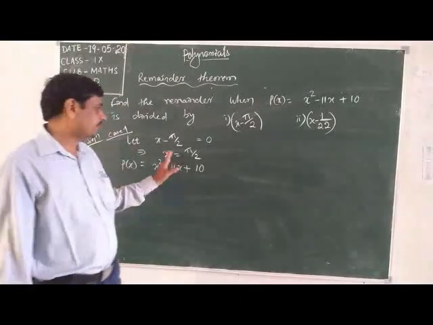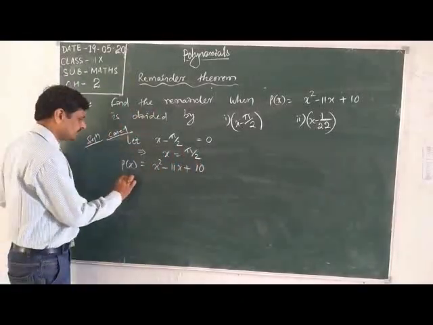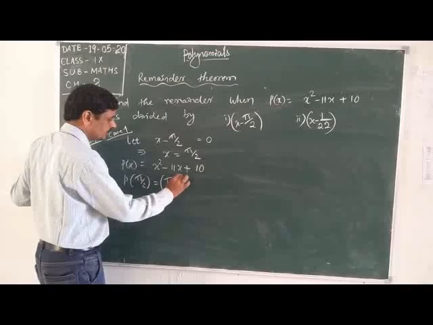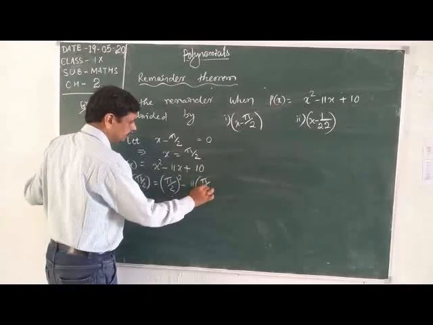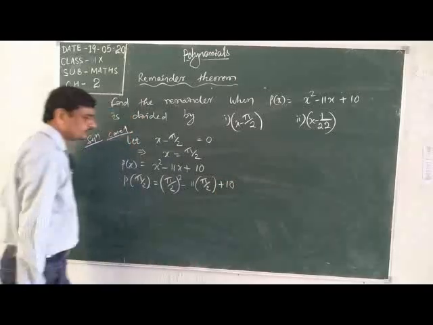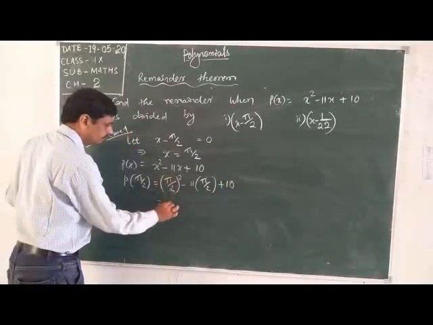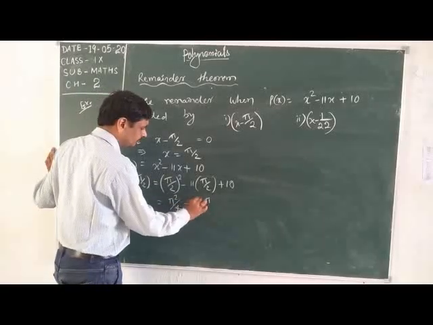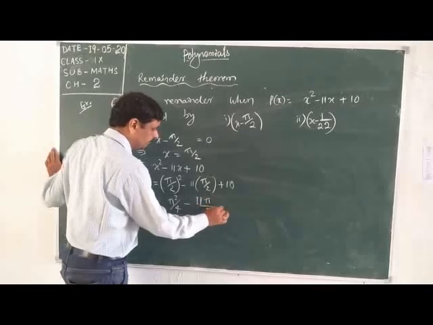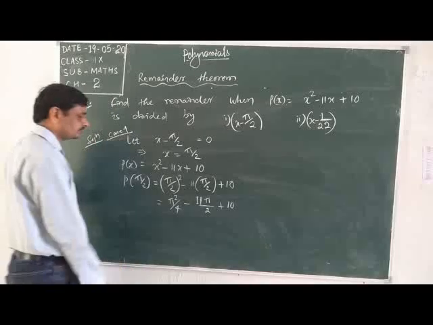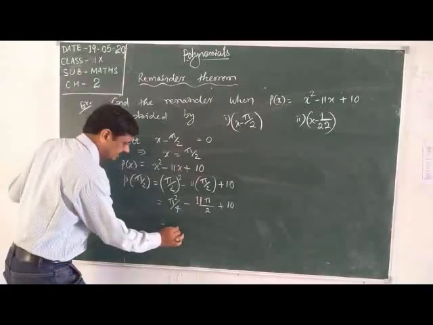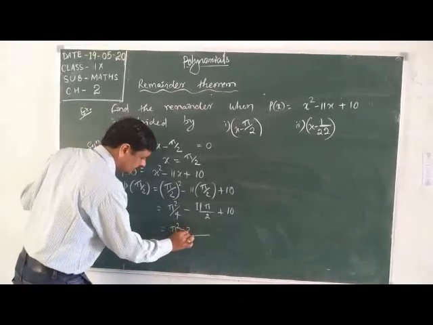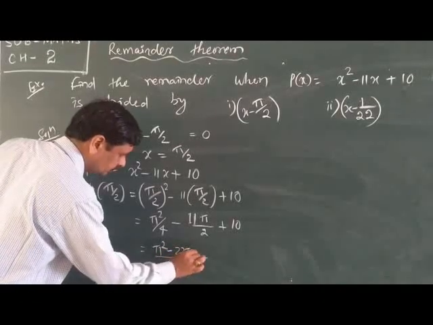By putting the value of x as 5/2, it becomes p of 5/2, which is equal to 5/2 whole square minus 11 into 5/2 plus 10. This becomes 25 by 4 minus 11 by 2 plus 10. Now we can take the LCM here. 4 is 25 minus 22 plus 4.